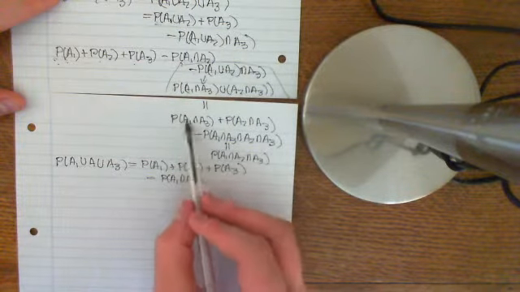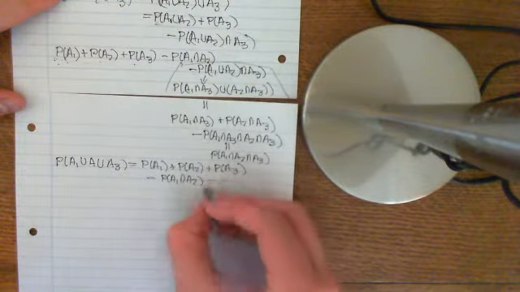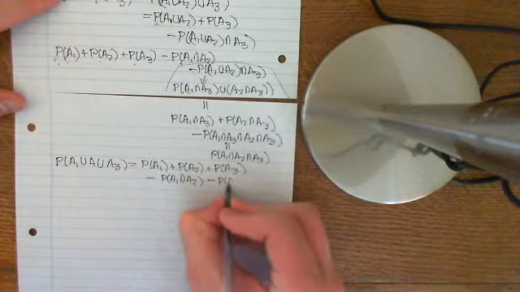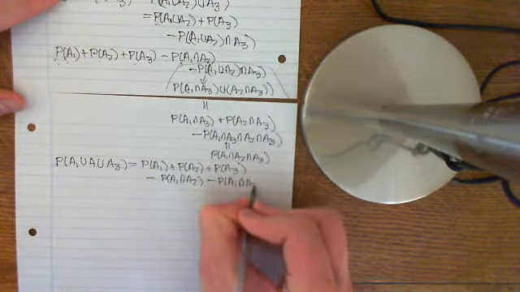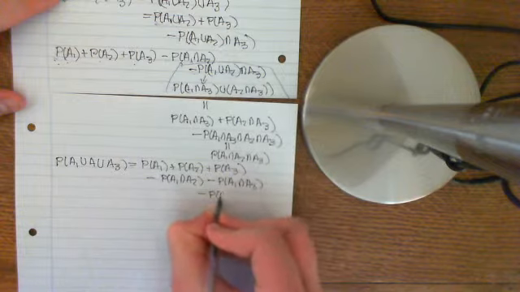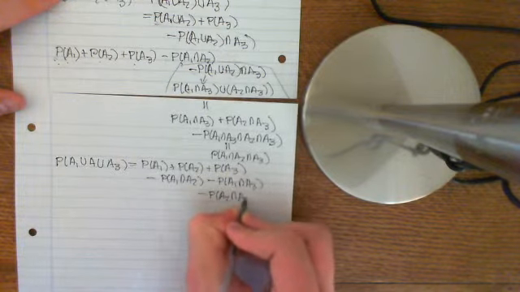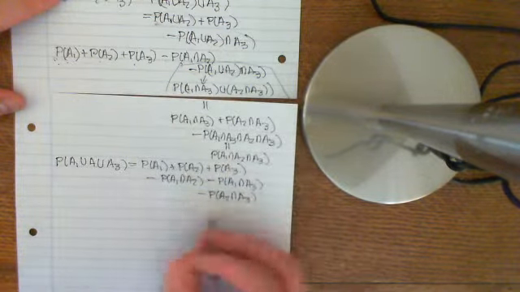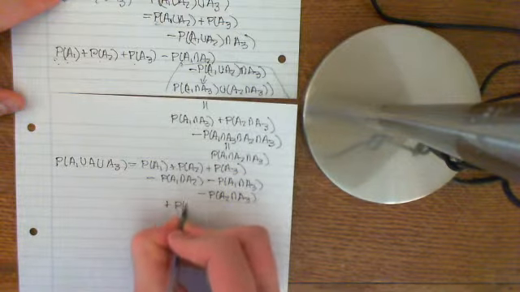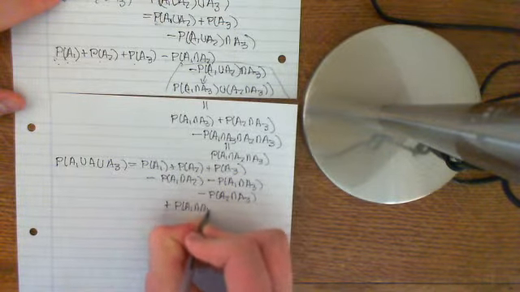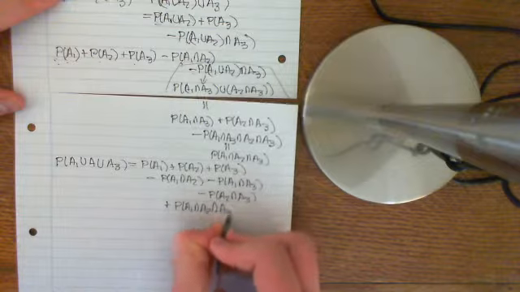Then minus the probability of A1 intersection A3, and then minus the probability of A2 intersection A3, and then plus this whole intersection down here, the probability of A1 intersection A2 intersection A3. So that is a fully rigorous proof that works for any measure, any probability space.